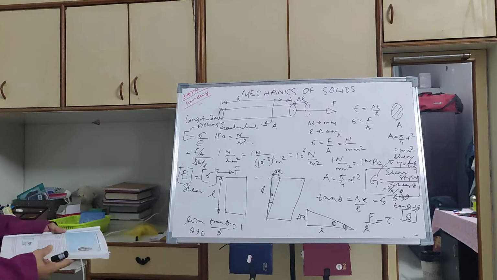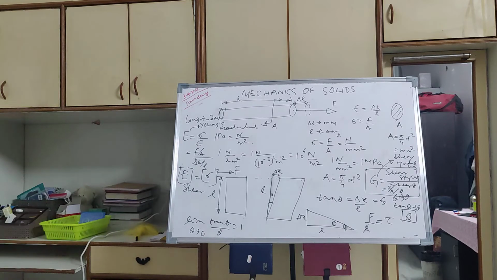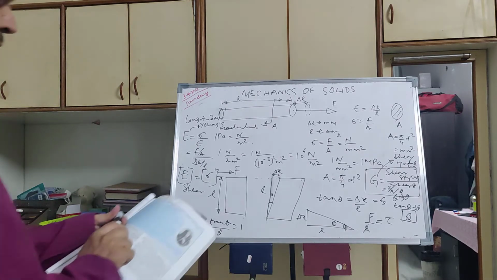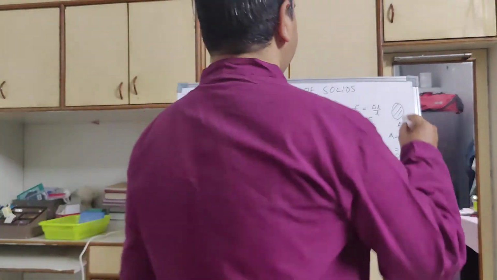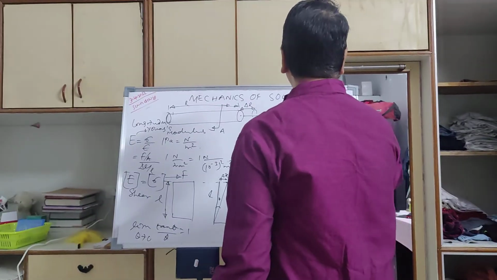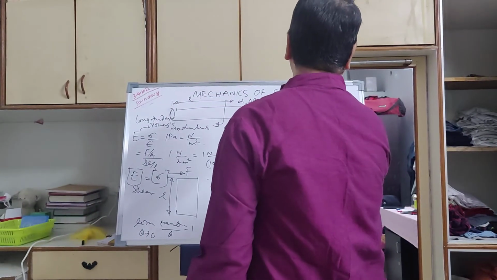So this is about longitudinal strain and shear strain. And there is another one called volumetric strain. Suppose you have a sphere and you apply some pressure from outside.